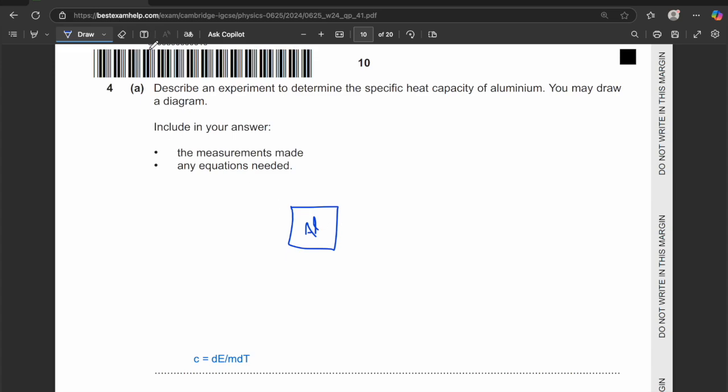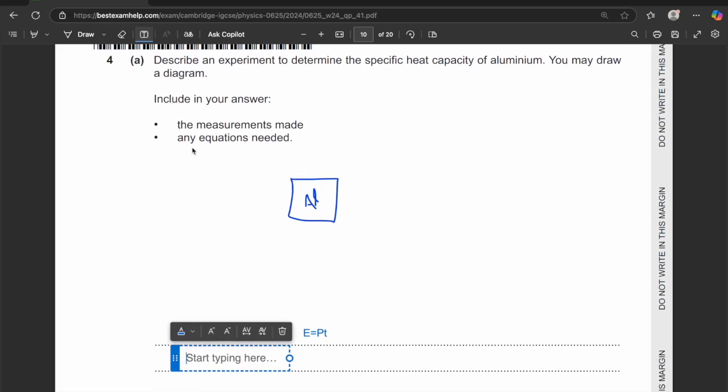So if we know the power rate and we measure the time, then we can calculate the energy given. So E is equal to power times time. So we get the total energy given by this equation, and then we can substitute that into here and get the specific heat capacity. So these two are the equations that we need.